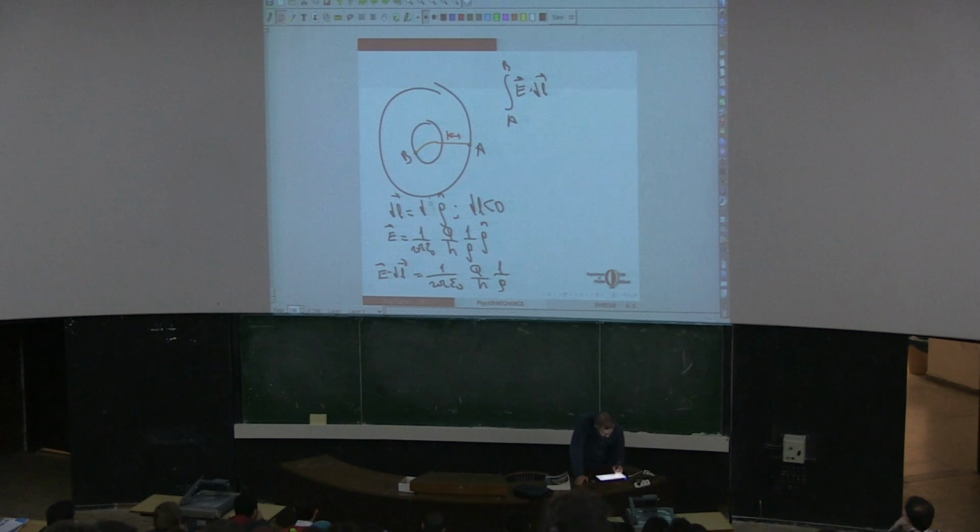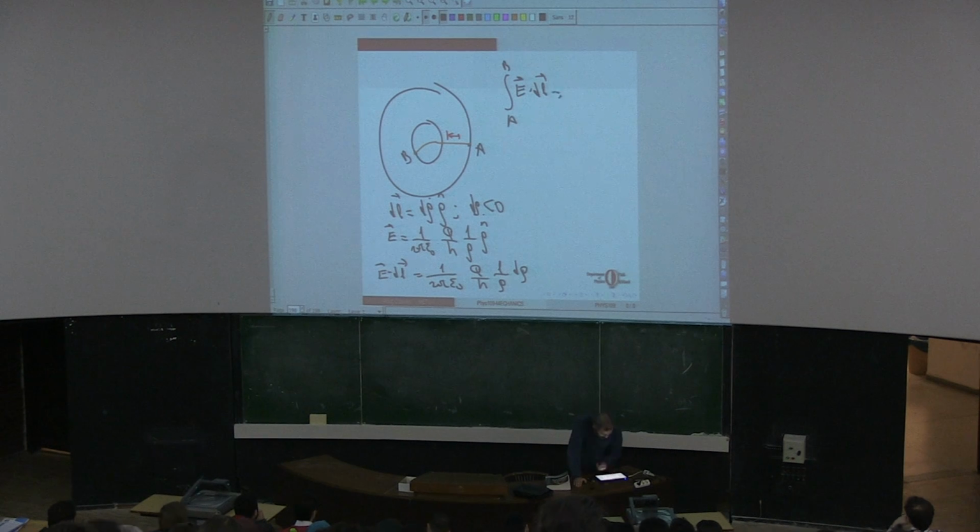Let's define dl instead as d rho, since d rho is basically the change in rho as we go from one end of our segment to the other end. This is our E dot dl.